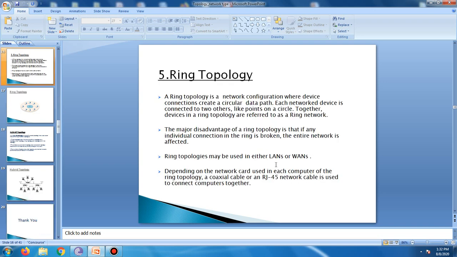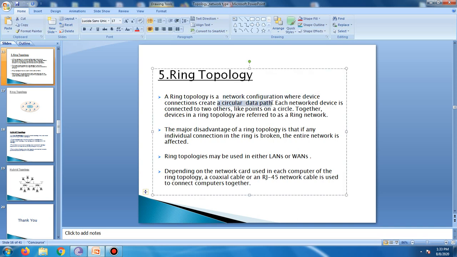Next one, ring topology. A ring topology is a network configuration where connected devices create a circular data path. It is called ring format, a circle data path. Each network device is connected to two other link points on a circle.